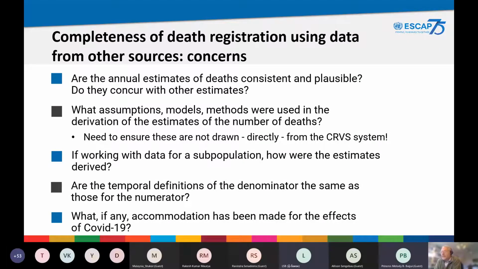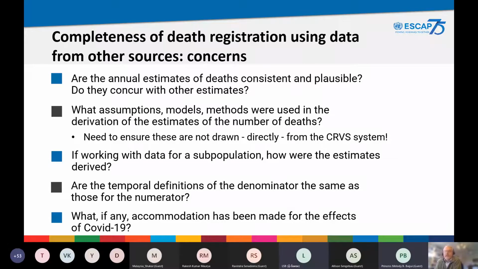You need to always ensure that the time definitions of the denominator refer to the same time definitions as the numerator. It's not always the case, for example, in Spectrum, that the year of the projection, which Spectrum works with, is exactly the same as the calendar year from which you're extracting data from your CRVS.